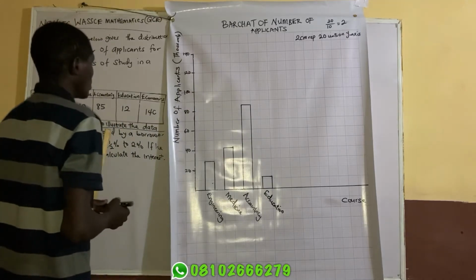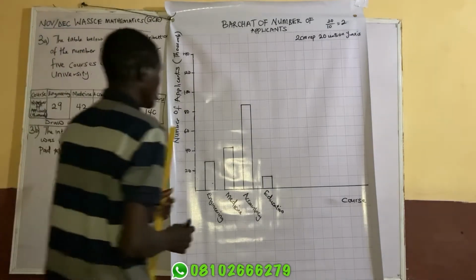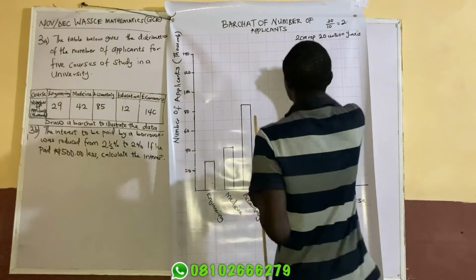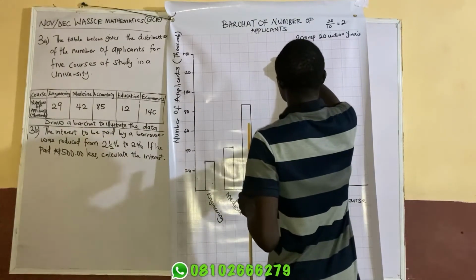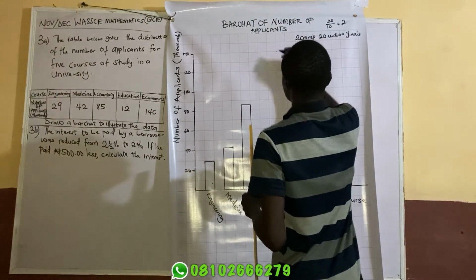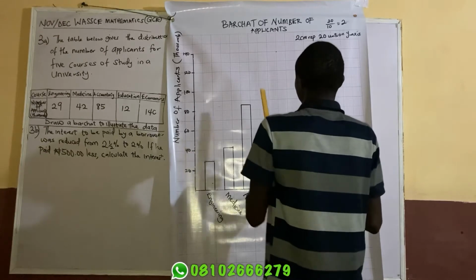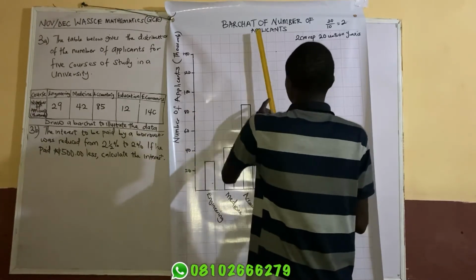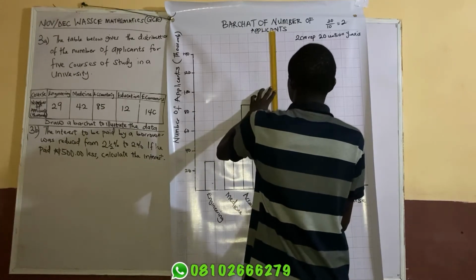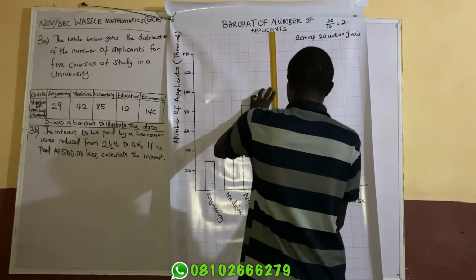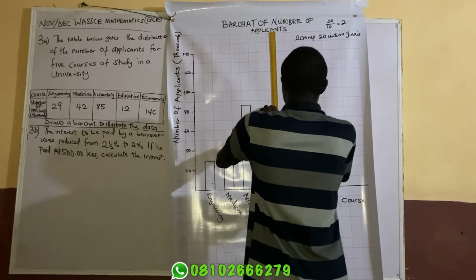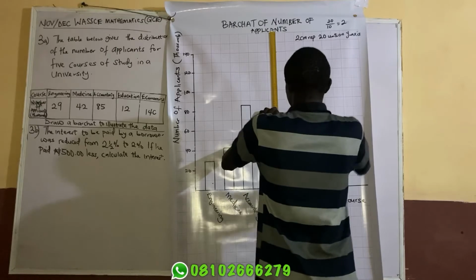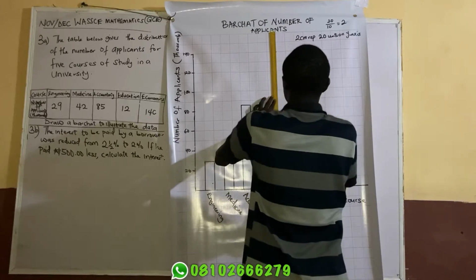And the last one is 140, which is for economics. So that is the last point here. So we have the applicants for economics.